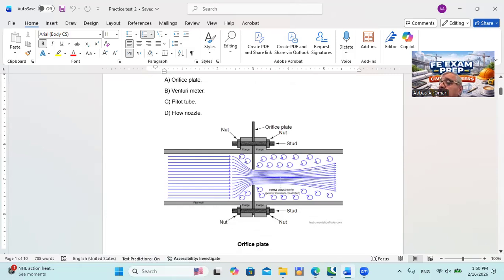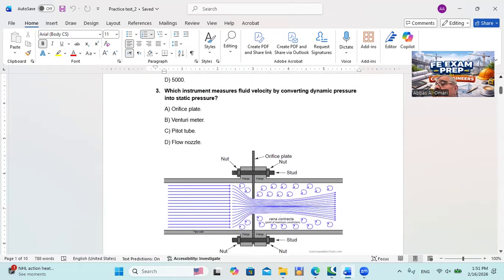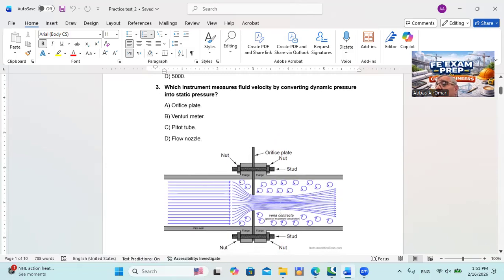So in this device, the pressure energy upstream is converted to kinetic energy downstream. So this one does not convert pressure energy into static pressure. So this is not the answer.